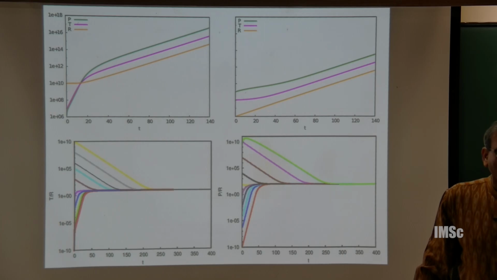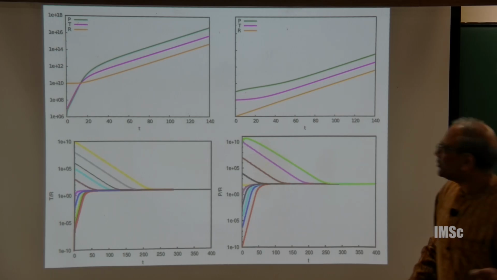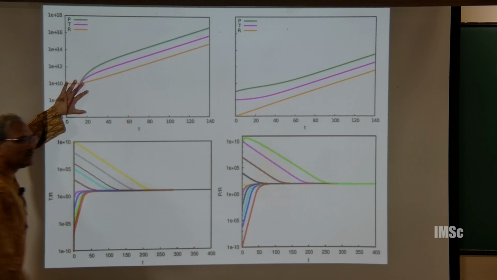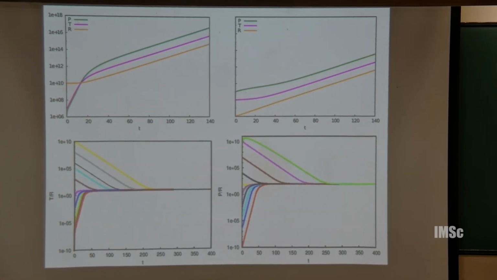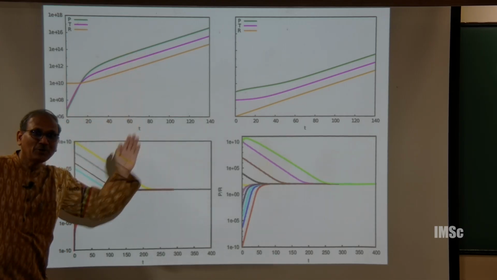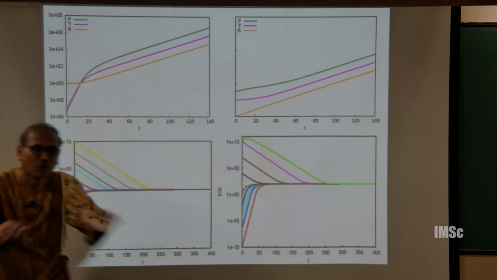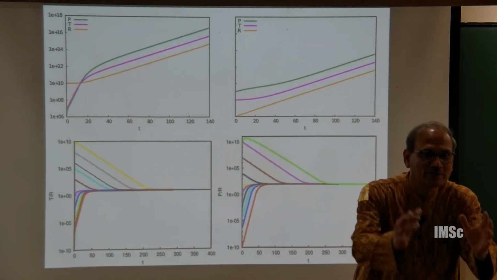What I want to convey is that, no matter what parameter values or initial conditions you choose, after a transient, things will enter into an exponential growth with all the populations growing with the same exponential rate. This is a feature all the time for this model. The slope will depend upon the parameters, but the fact that you end up in an exponentially growing trajectory doesn't matter what parameter values you choose. This model will always give you that.